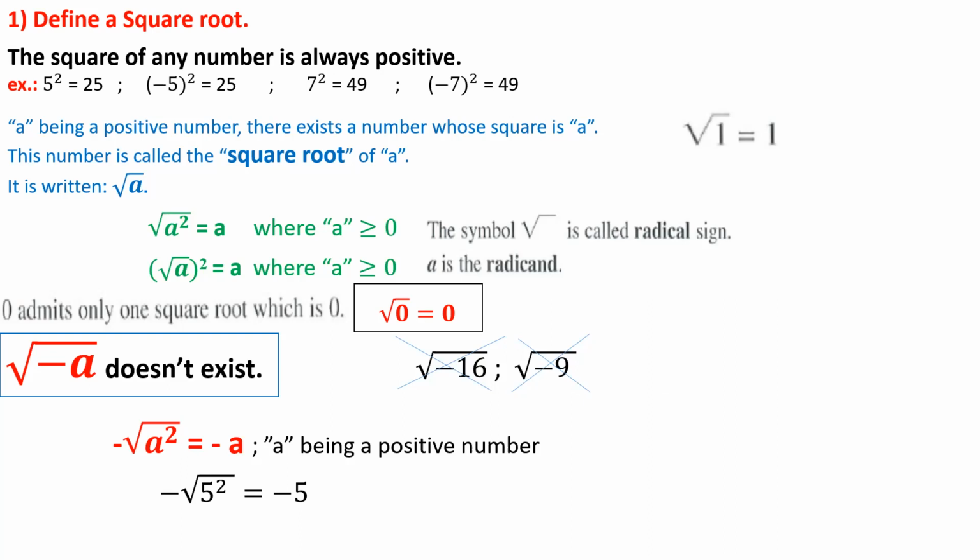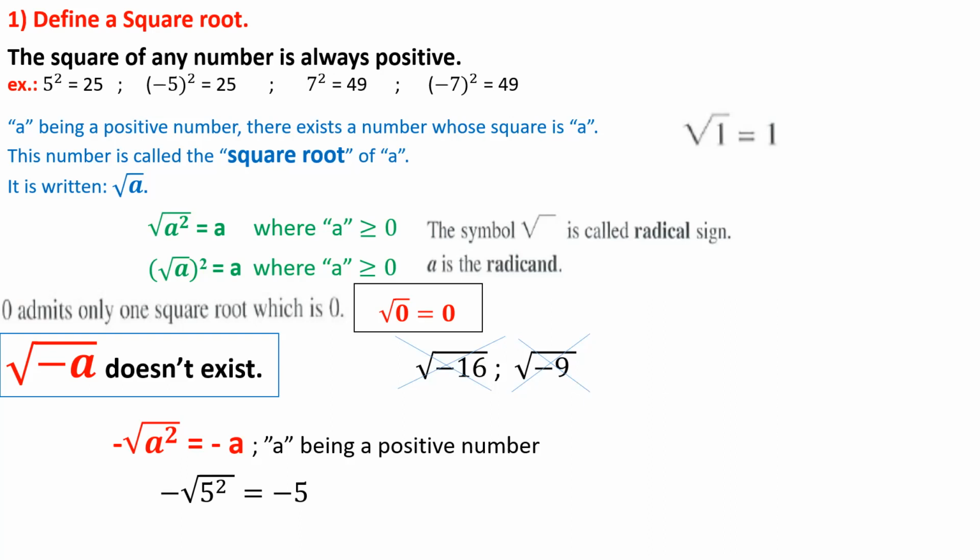The rule is radical A squared: the exponent inside the square root should be 2 to be able to simplify. This symbol we read as radical.